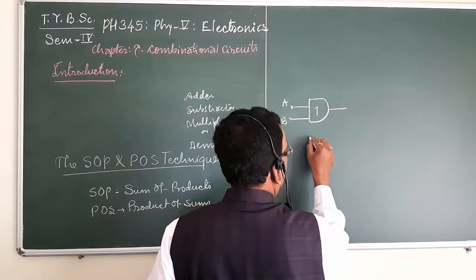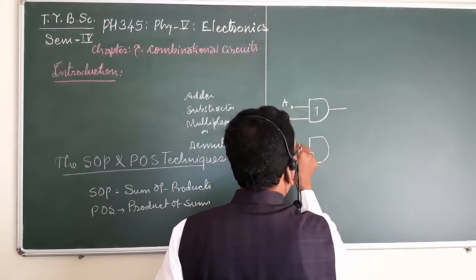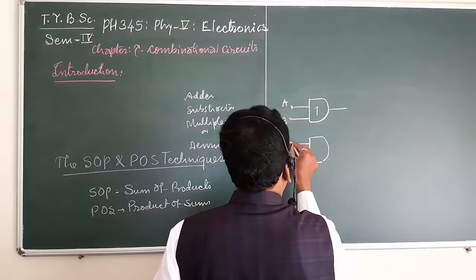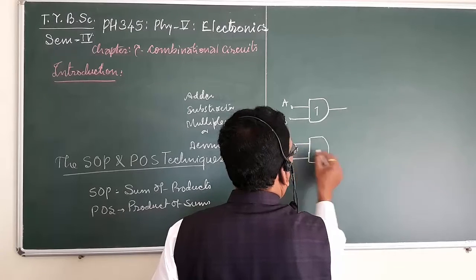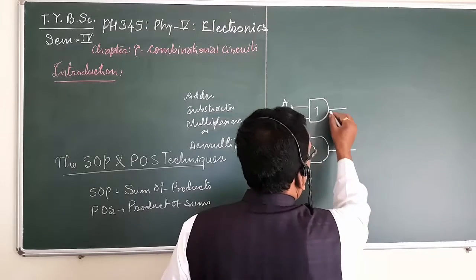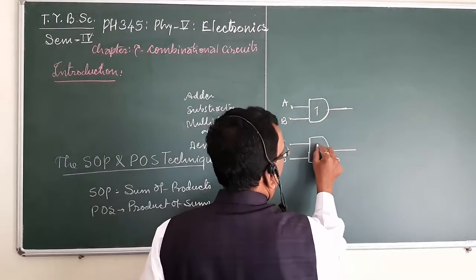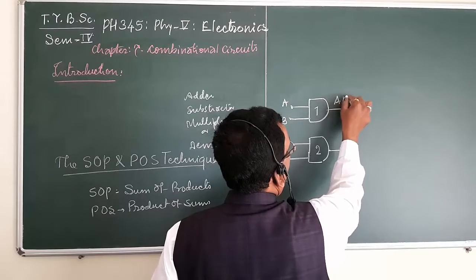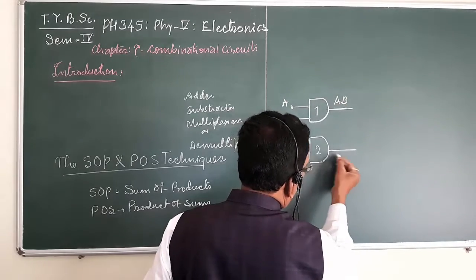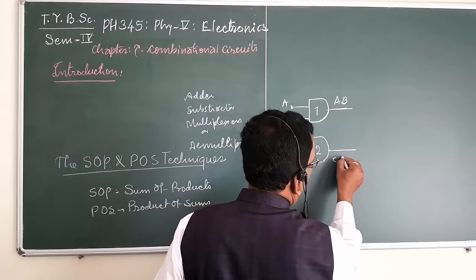Now consider a second AND gate which also has two inputs C and D, and a single output. The output of the first AND gate is AB, and the output of the second AND gate is CD.